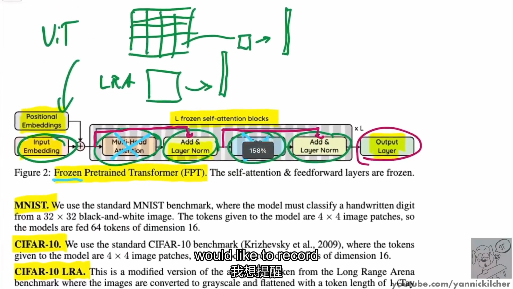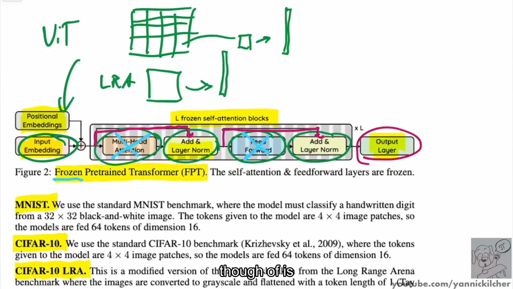What I would like to remind you, though, is that they do train the layer norm parameters, right? So when I saw this, and they said, well, we only train the input embeddings because, of course, it's a different modality, so adjusting the input embeddings makes sense, right? And the positional embeddings maybe too. And the output layer, because we have a different task, that makes sense too. And the rest we freeze.